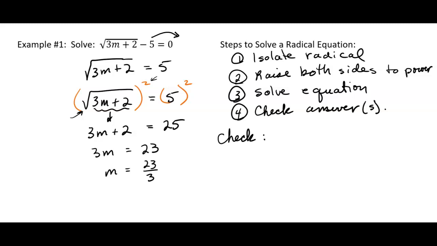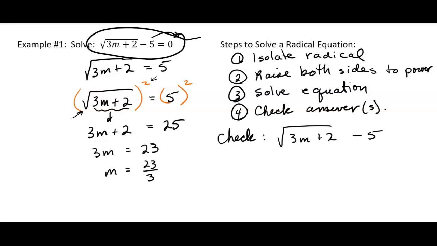When we check, we go to the original equation that we had. So it was the square root of 3m plus 2 minus 5. Does that equal 0? And now we're going to put in our answer, which is 23 over 3 plus 2.